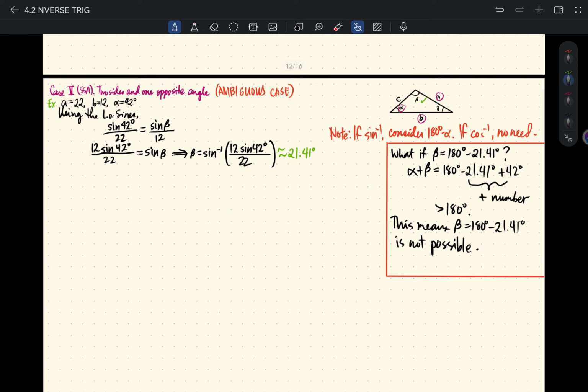What's remaining is C and gamma. And since we already have two angles right here, we can obtain gamma.